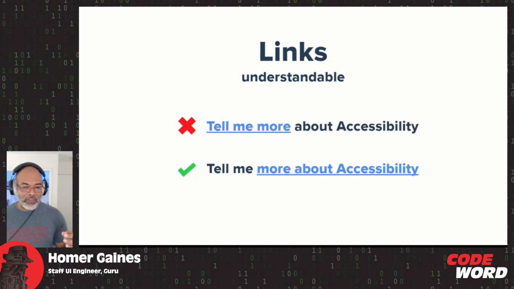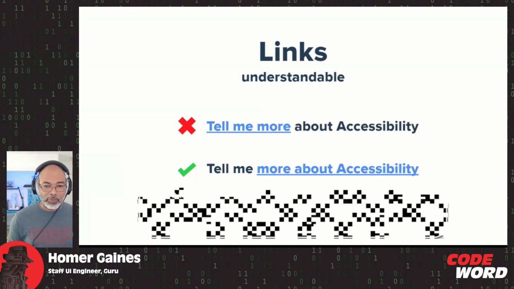Instead of having "tell me more," which is the verb, have "more about accessibility" as the link, because now as they jump through those links, even if they miss the "tell me" at the beginning of the sentence, "more about accessibility" provides more context about what that link is going to do.